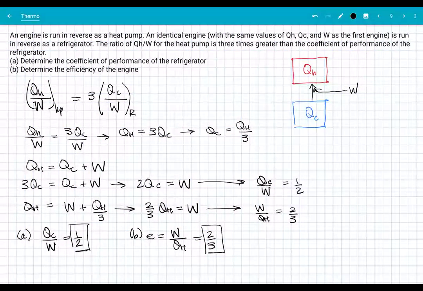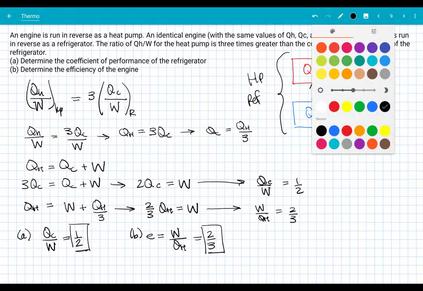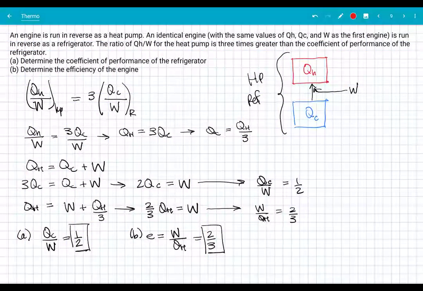And just real quick, since I did the diagram for the heat pump and refrigerator, this is the heat pump and then the refrigerator, right? They both could be represented by that diagram there. Let me really quickly diagram out what our heat engine would look like. You've probably seen this, but just in case.